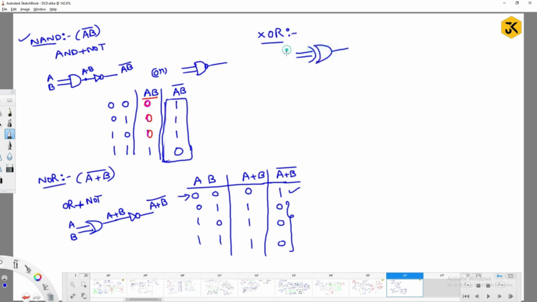You give A and B as input, and you get an output. Observe that when both inputs are the same, that is, when both inputs are low or both inputs are high, your result will be 0. In all the remaining cases, your result will be high.